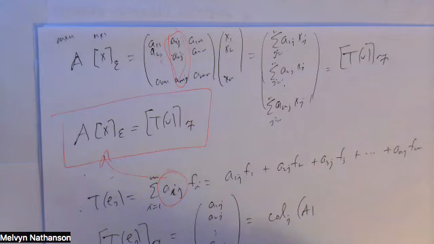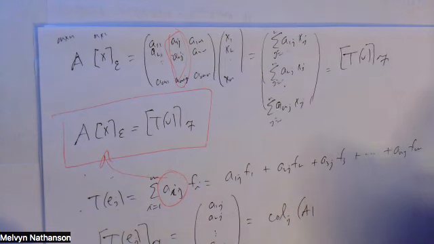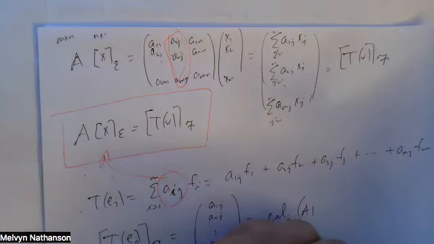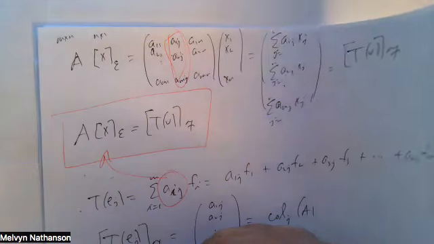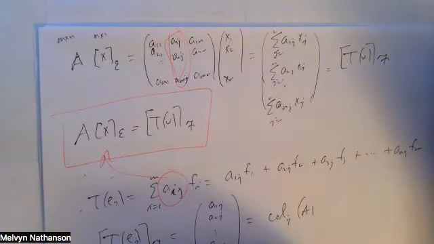Right? So that's a very, very, very important fact about what the numbers in the matrix for a linear transformation mean. And let me give an example of how this can be used.